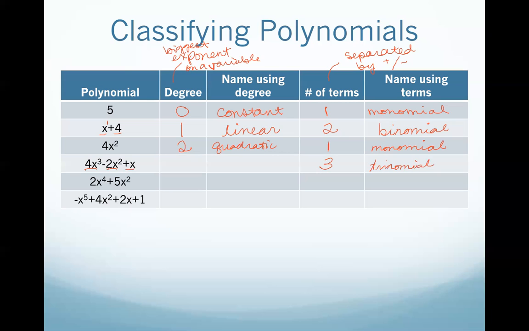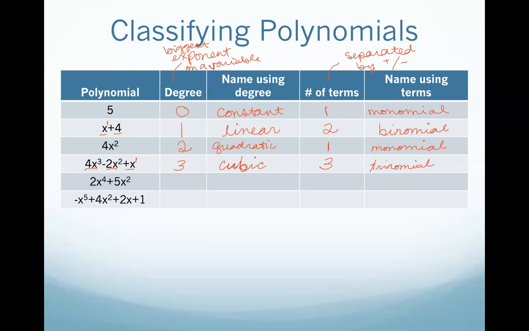Okay, and then the degree, the biggest exponent. Now I have an exponent of 1, an exponent of 2, and an exponent of 3. So which one of those is the biggest? The 3 is the biggest. So we call this cubic. Cubic means it has an exponent of 3, like x cubed or x to the 3rd power.